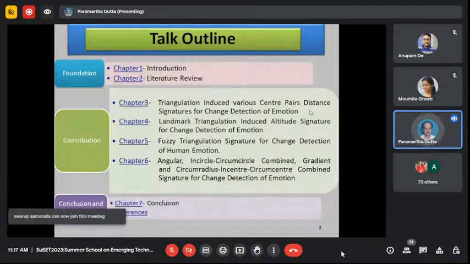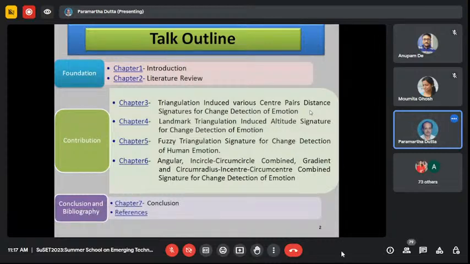Apart from the introduction, literature review, and conclusion, there are 4 contributory chapters, chapter 3 to chapter 6, in the entire thesis.